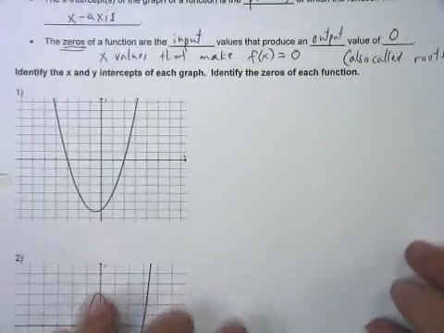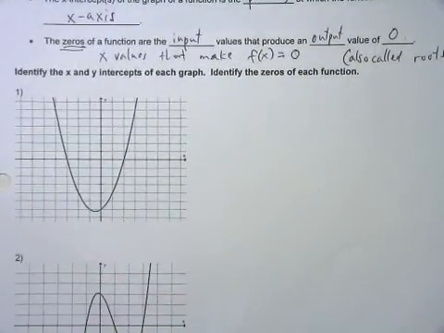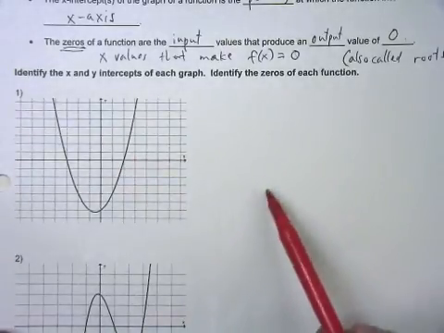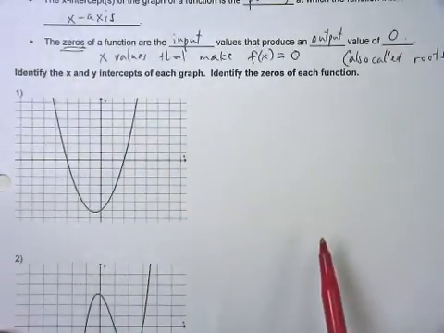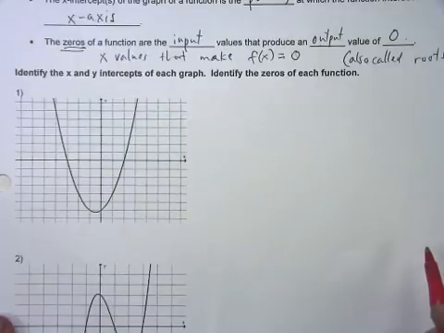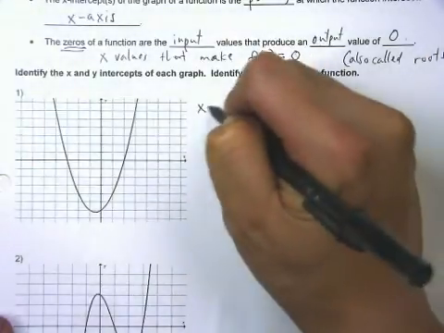All right, so let's look at some examples. To really understand this, you've got to see how this works. We have this function that's graphed here, and we're going to find the x and y intercepts, and we're also going to identify the zeros of the function. Let's start by identifying our x-intercepts.